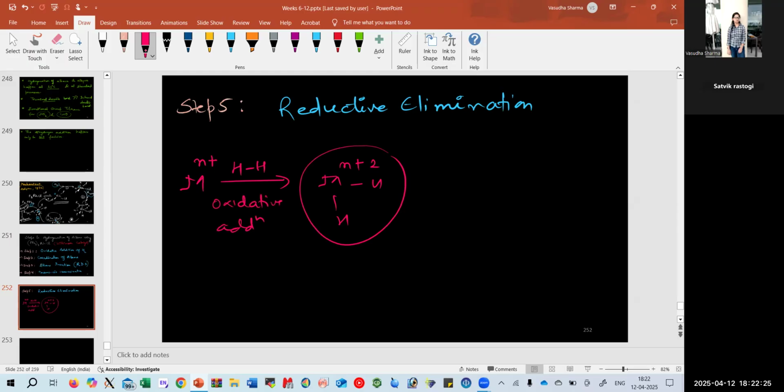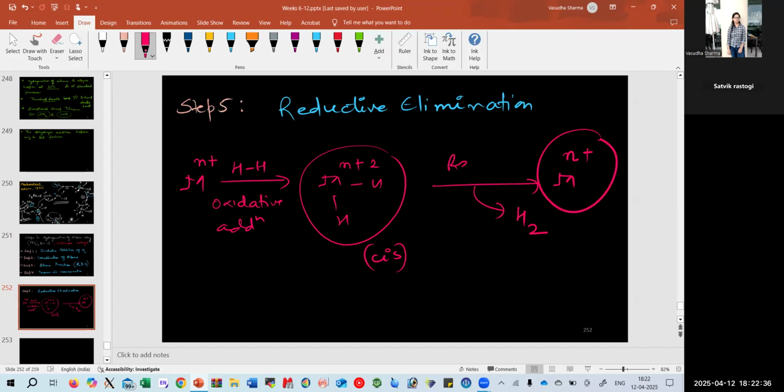And the same process, when you have this in cis form and it releases the hydrogen back, it would regain Mn plus. So this is your reductive elimination, and for that step to happen, you need to have both moieties which are going to go out in the cis position.